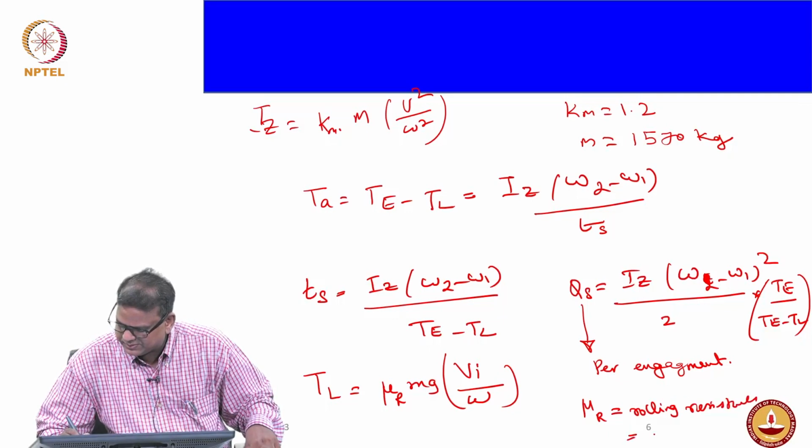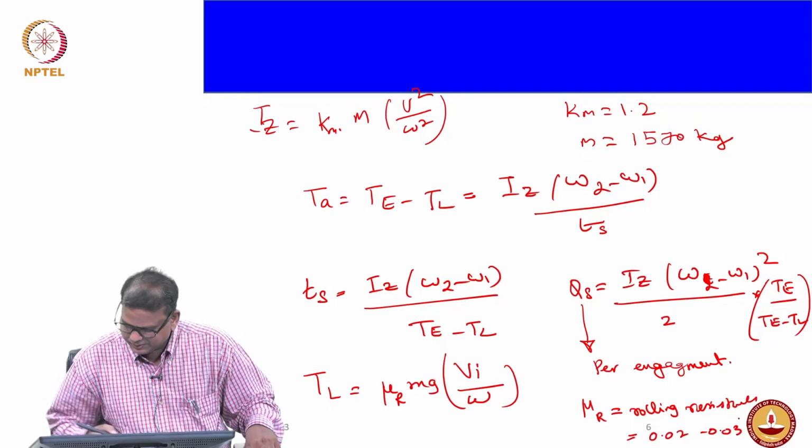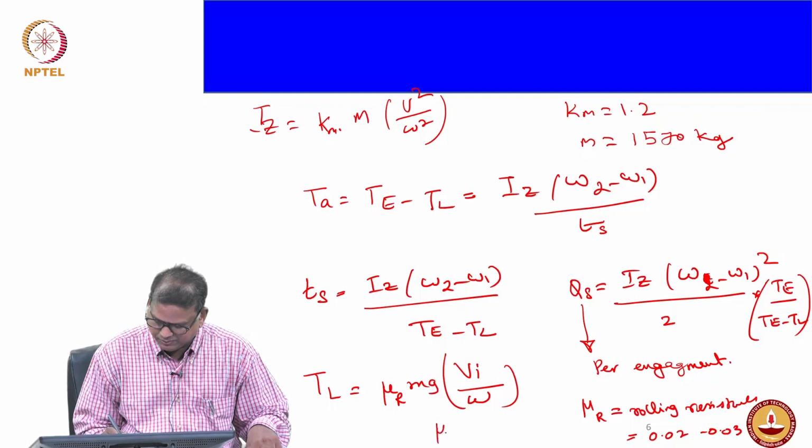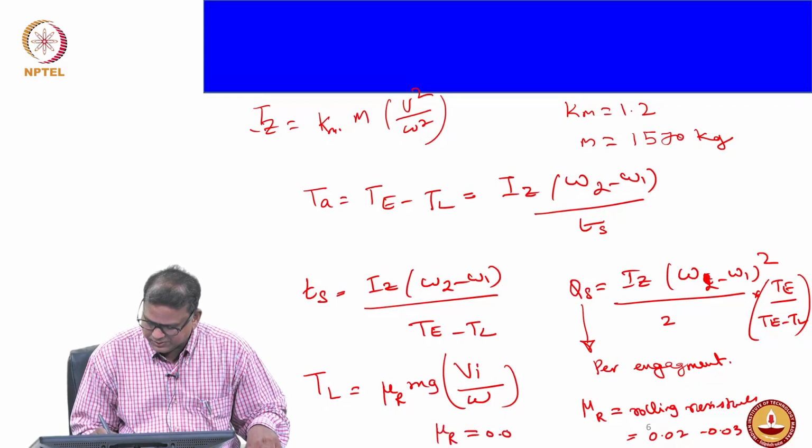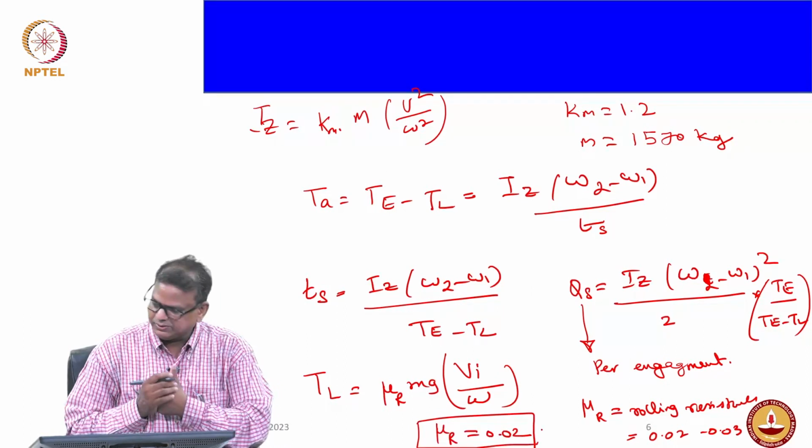Generally, if the value is not given, it varies from 0.2 to 0.3. So, in our calculation we will choose mu r as 0.02. This is the value we are going to use to solve the problem.